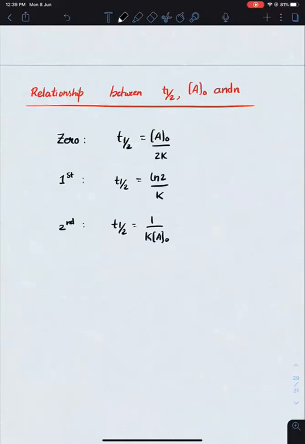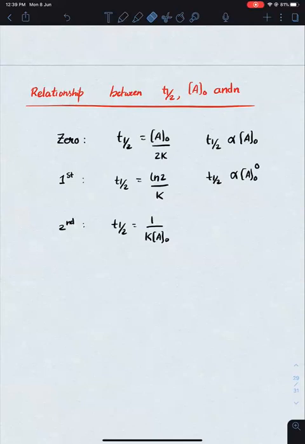If you can observe, in this case, T half is directly proportional to a naught. जितना ज़्यादा initial concentration रहेगा, T half उतना ही ज़्यादा रहेगा. In this case, T half is proportional to a naught power 0, मतलब it is independent of initial concentration.